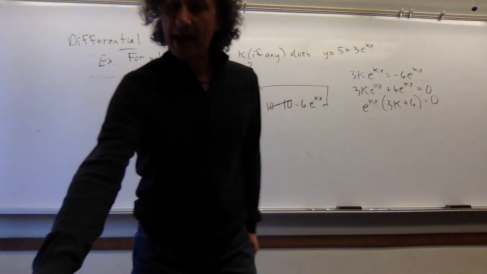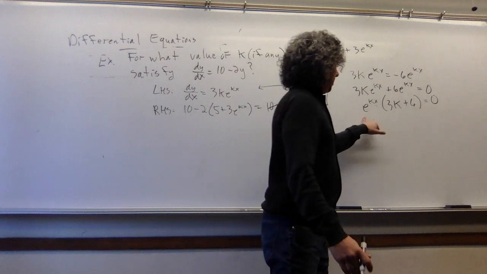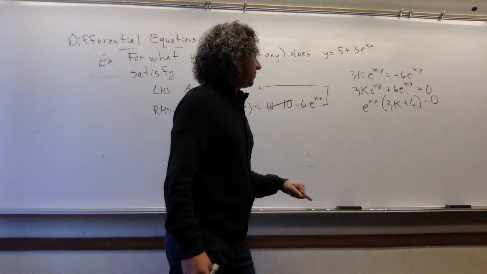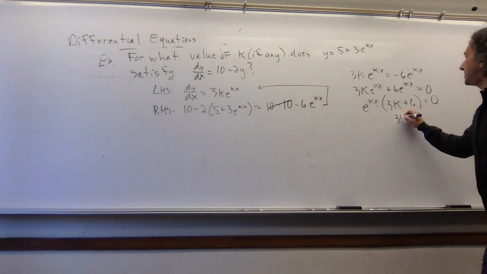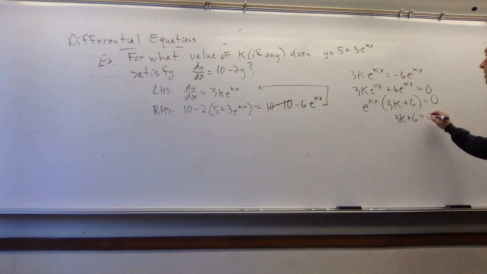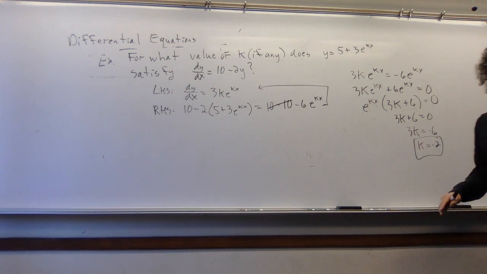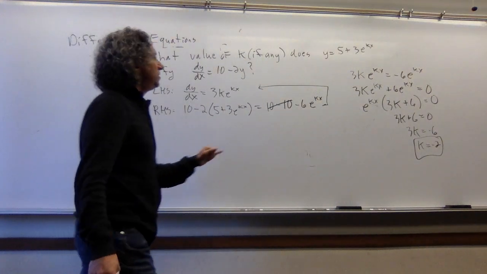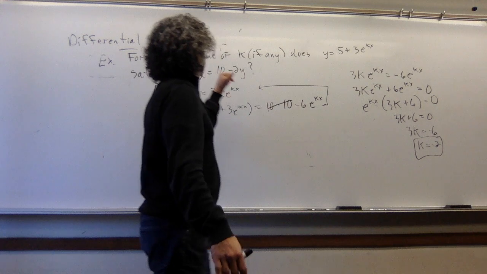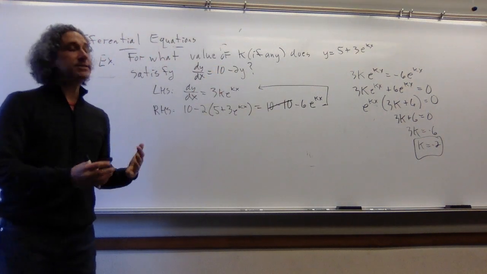And we need one of these to equal 0. This one is never 0. And this one is going to be equal to 0, probably can do this in your heads, when k equals minus 2. So if k is minus 2, then this equation satisfies this relationship, this differential equation. In other words, it's a solution to it.